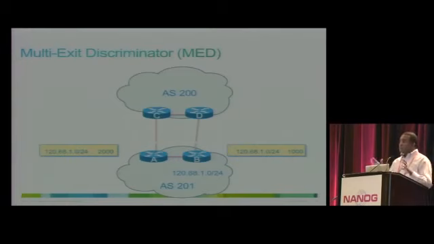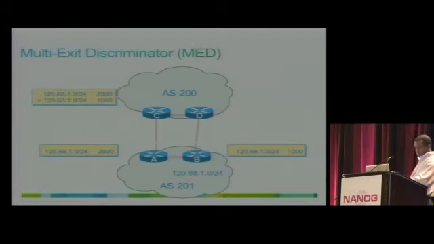They have to say, I'm going to use multi-exit discriminator to influence how traffic is coming into my network, and they have to agree on that. If they don't agree, then it may not work, because the two service providers may use inconsistent policy. So it's very important to have an agreement between the two to have a consistent policy. Okay. So you see that it is coming through B only.